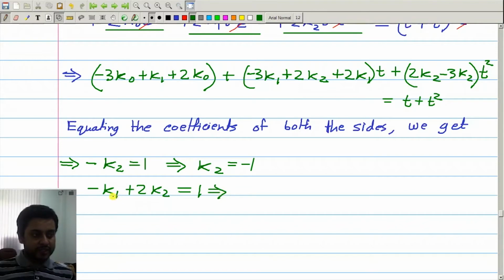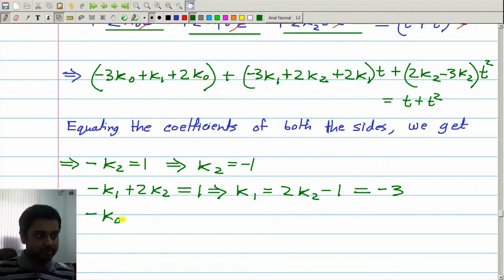So that means k1 is equal to 2k2 minus 1, and this is equal to minus 3. And finally minus 3 plus 2, that means minus k0 plus k1 is equal to 0.